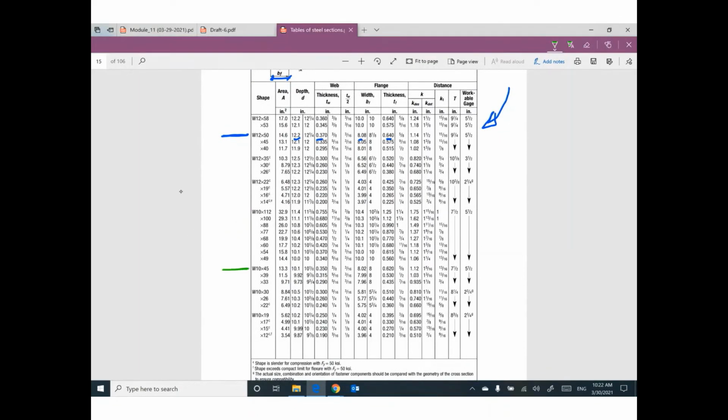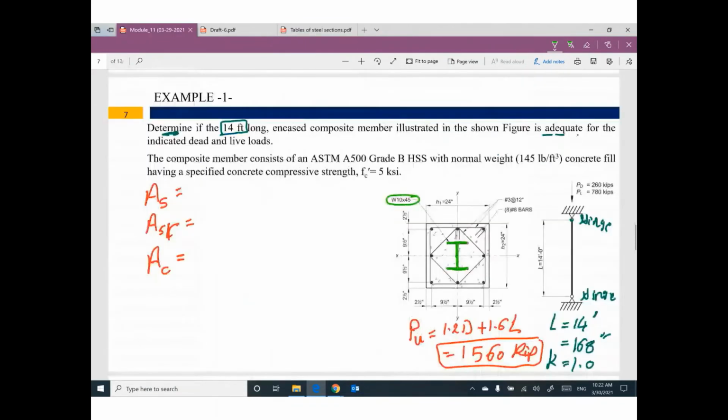Here you go, this one. The area for 10 times 45 is 13.3 inches square.